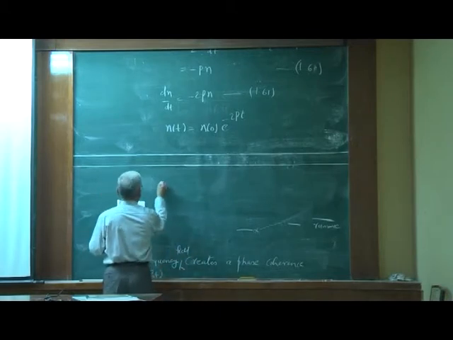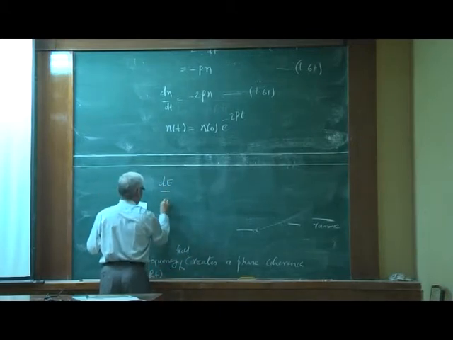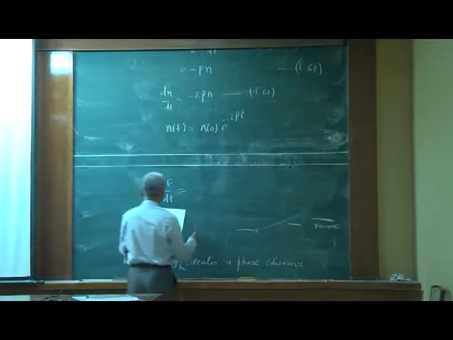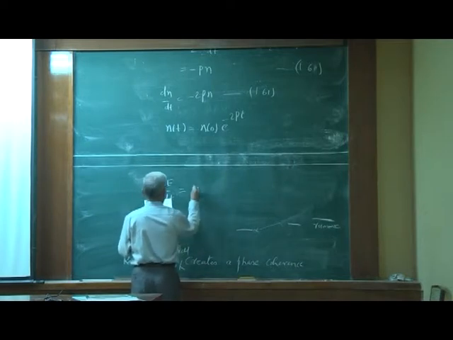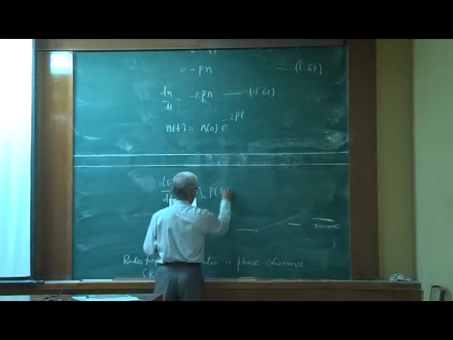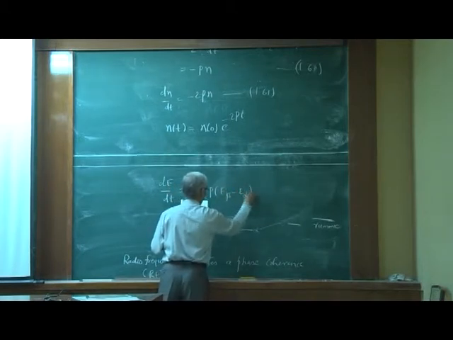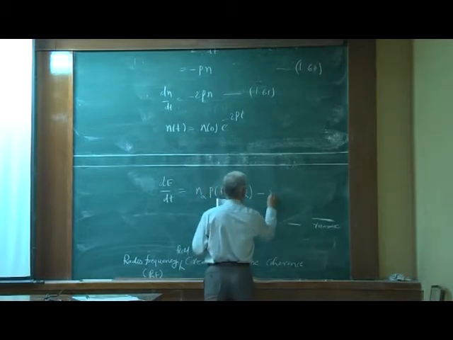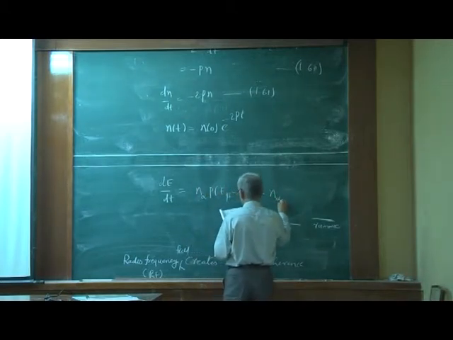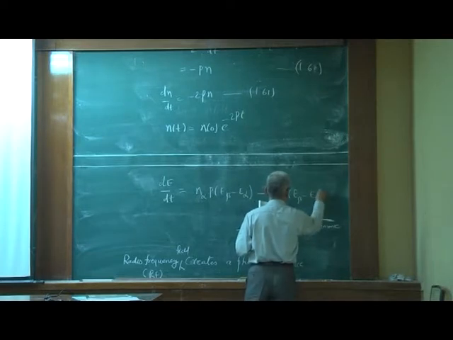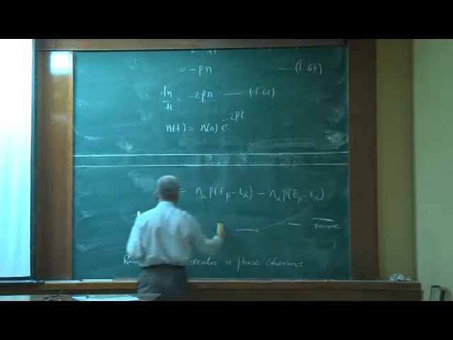So therefore I can write the rate of energy absorption, dE by dt, is equal to n alpha P (E beta minus E alpha). This is energy absorbed and this is energy released. So this factor, delta E, is the same.